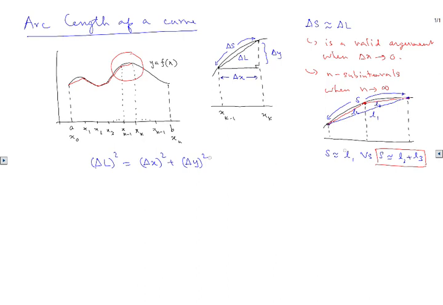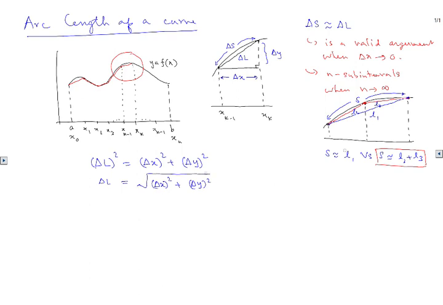Then we can take the square root, and we get delta L equals the square root of delta x squared plus delta y squared.